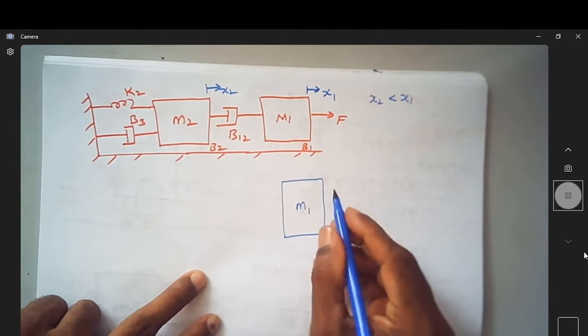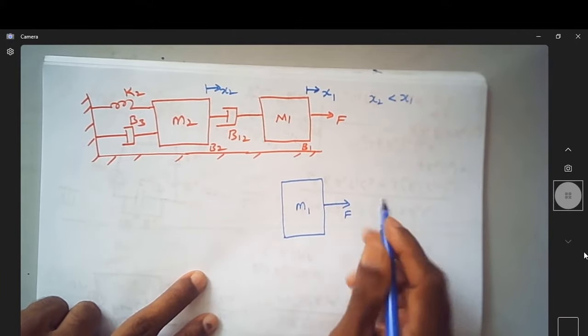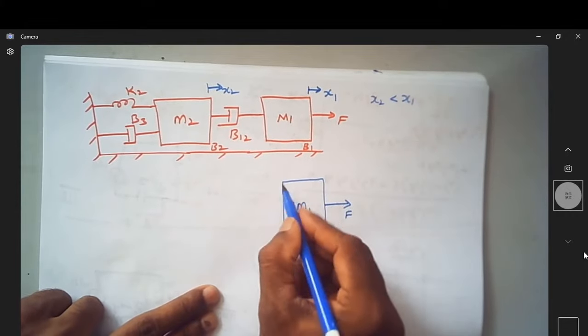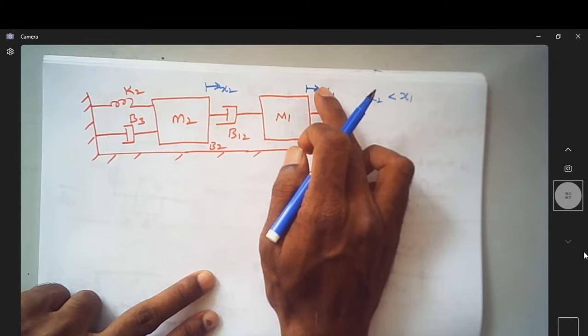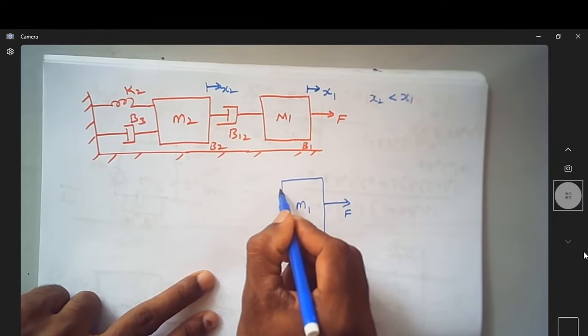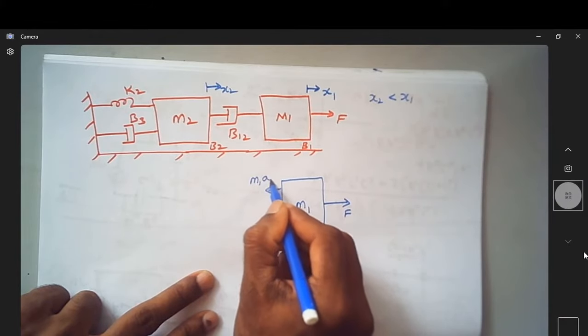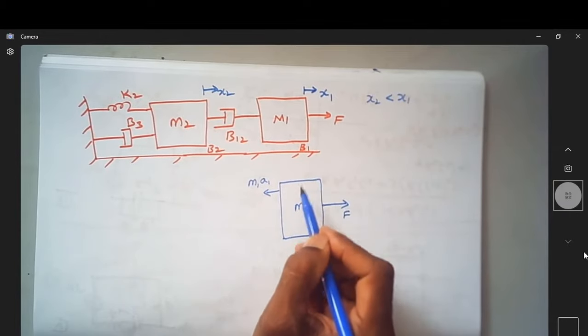One of the masses is m1, and the acting force on it is F, in the direction towards the right side. We will have an opposing force because of this translational motion, due to the mass itself, which is m1 into a1, the acceleration due to the displacement x1.